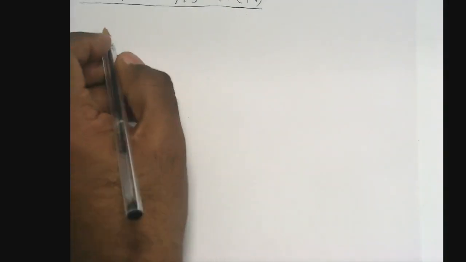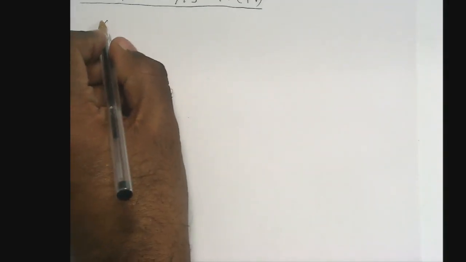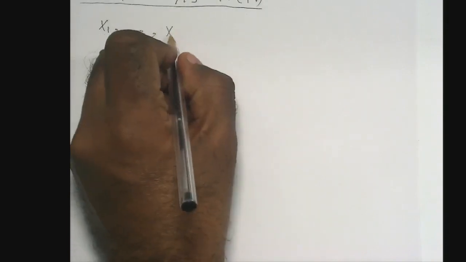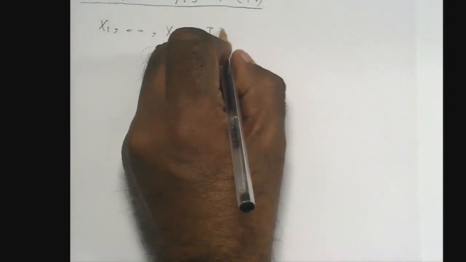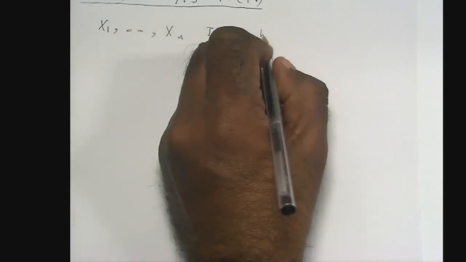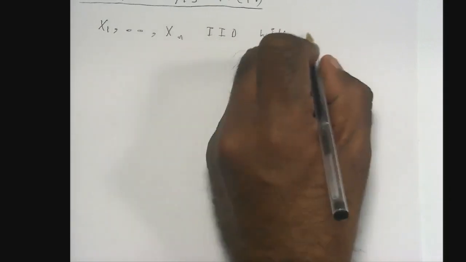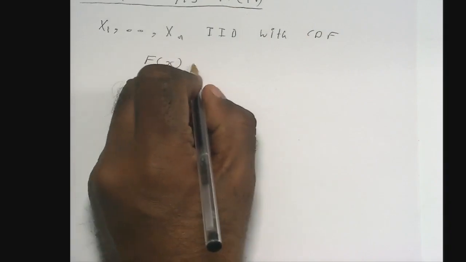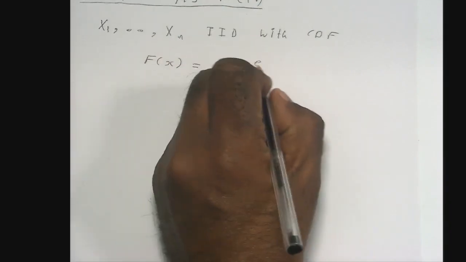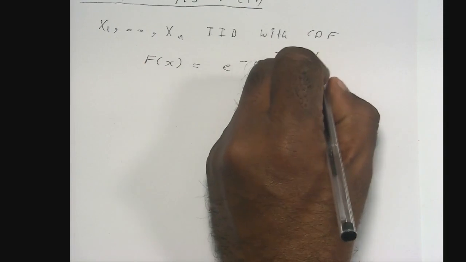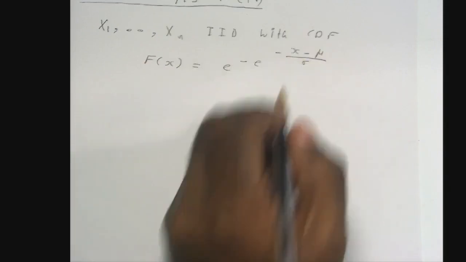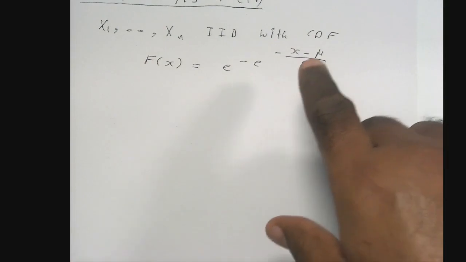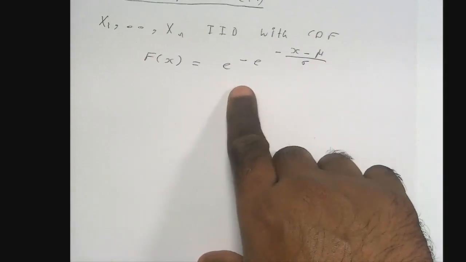So you are told that you have n independent IID random variables with the CDF given by this.